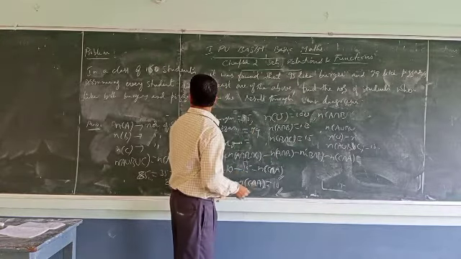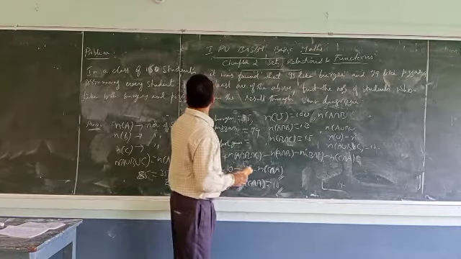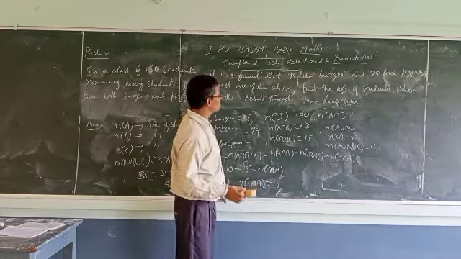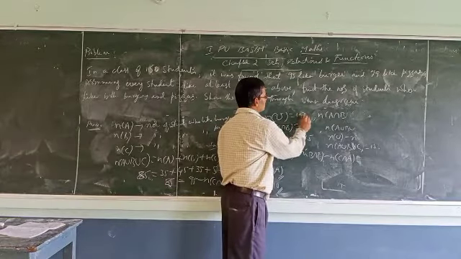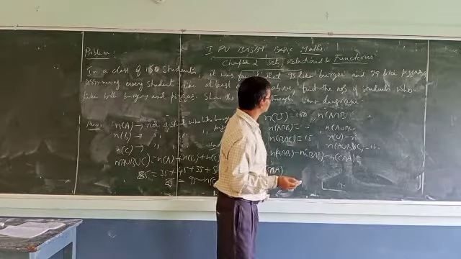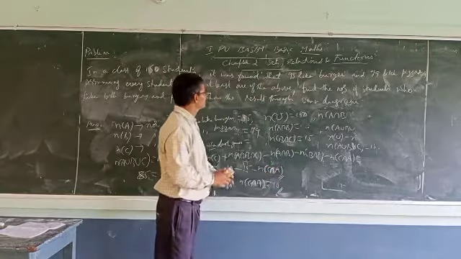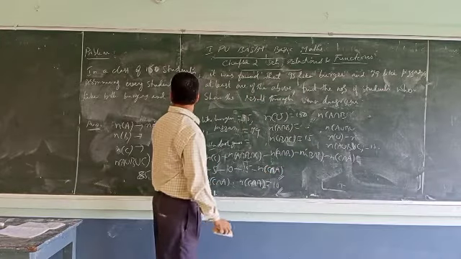Next, how many students are there? In a class, 150 students are there. So n of U is 150. So these are the three you know now. Next, what else?